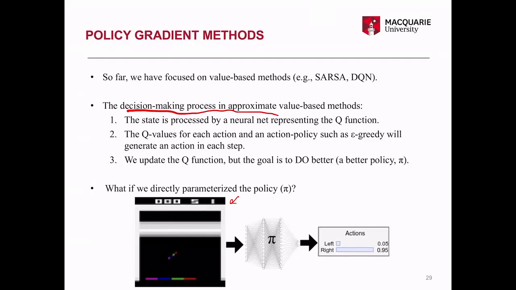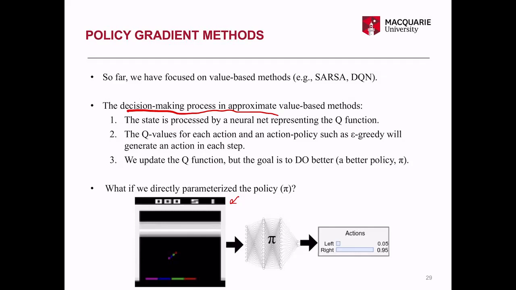Policy gradient methods, the methods that directly parameterize the policy itself, are also good at one thing that Q-learning and SARSA were suffering from: the problem of dealing with continuous action spaces.